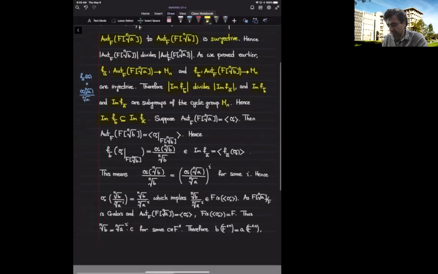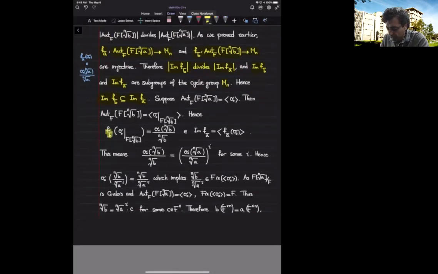And that means I have to apply f sub b bar to sigma naught restricted to this intermediate subfield. And again, the way that we defined f sub b bar, this means I need to apply sigma naught restricted to this intermediate subfield to the nth root of b and then divide out by the nth root of b.